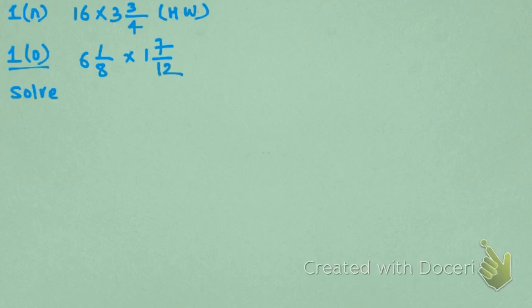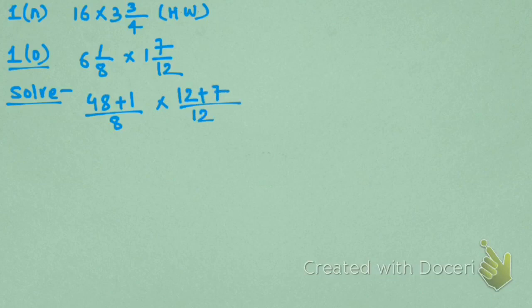So 6 into 8 will become 48 plus 1 divided by 8 into 12 into 1 will become 12 plus 7 divided by 12. Okay, now 48 plus 1 will become 49 upon 8 into 19 upon 12.